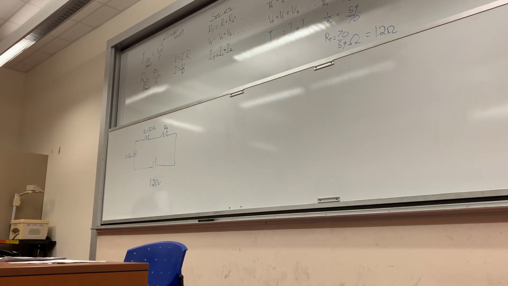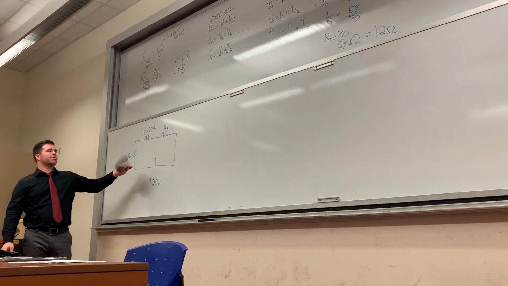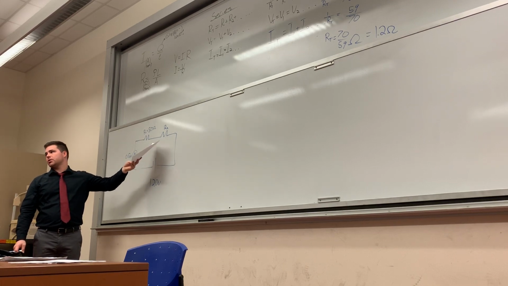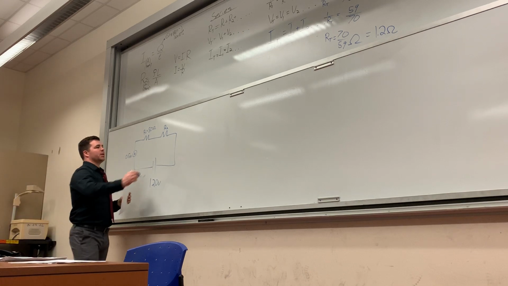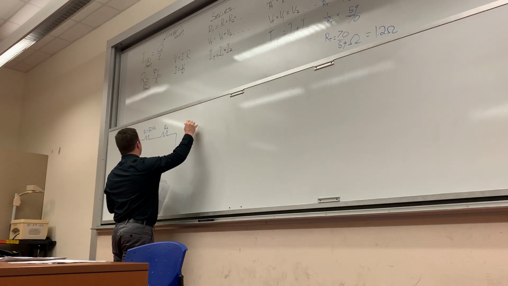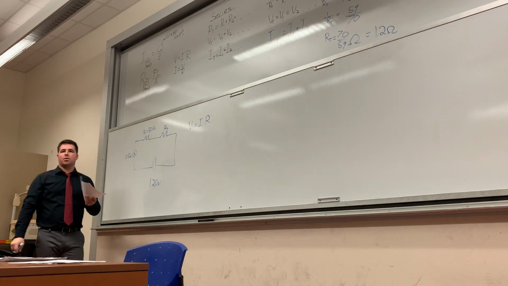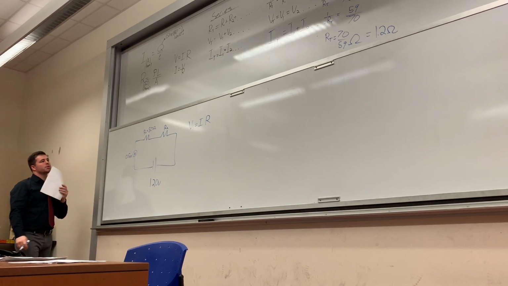Find the total resistance. Well, naturally, you should look at the resistors and say, it's a series circuit, I should add them up. But I don't have the second resistor, so I can't do that. So my other option is V equals I times R. We have to find some values, it could be 1s, 2s, it could be totals.